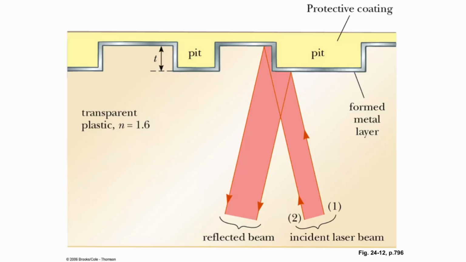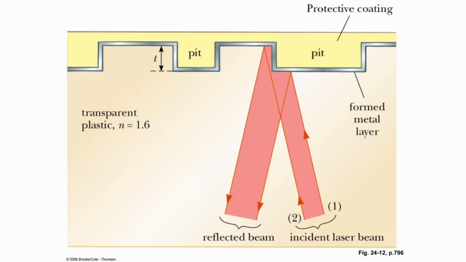The laser comes in, strikes the surface, reflects off the surface, and the way that the computer in the player knows whether or not a 0 or a 1 is being read is because of thin film interference.